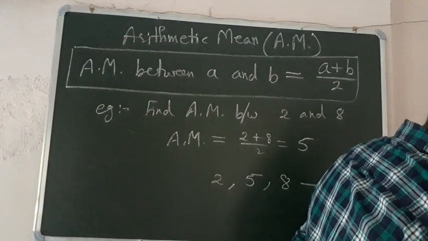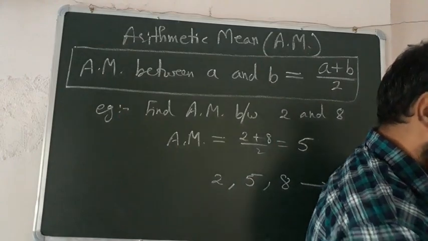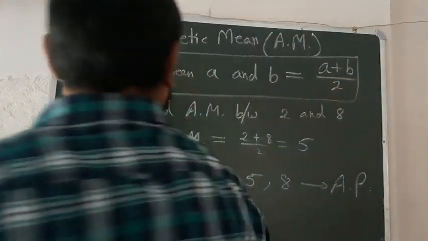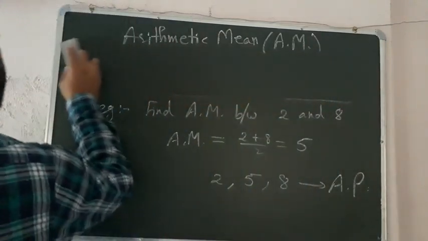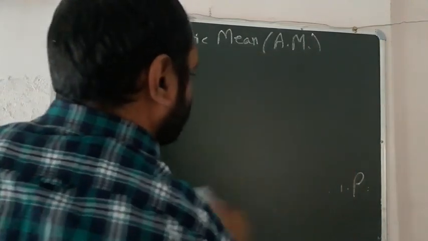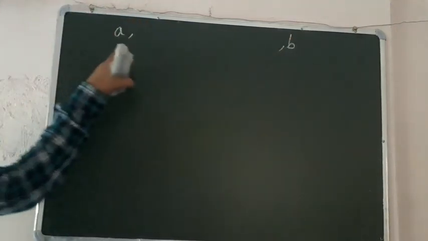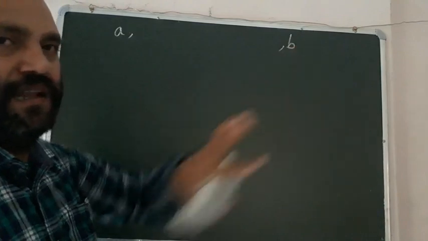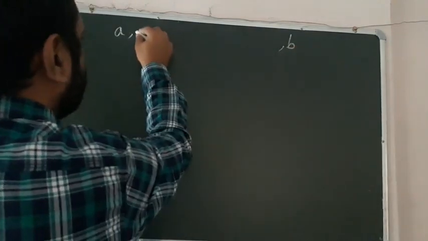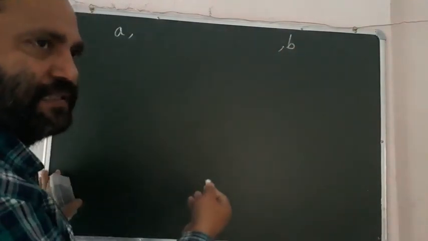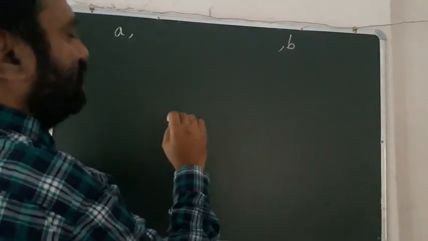Whenever you want to insert arithmetic means between two numbers, suppose you have a, which is the first term, and b, which is the last term. You have to insert n arithmetic means between these two, a and b.